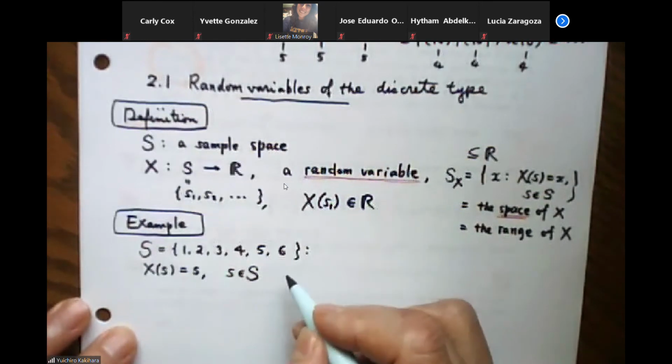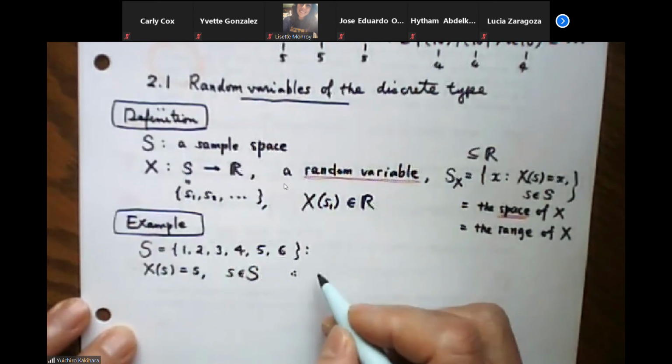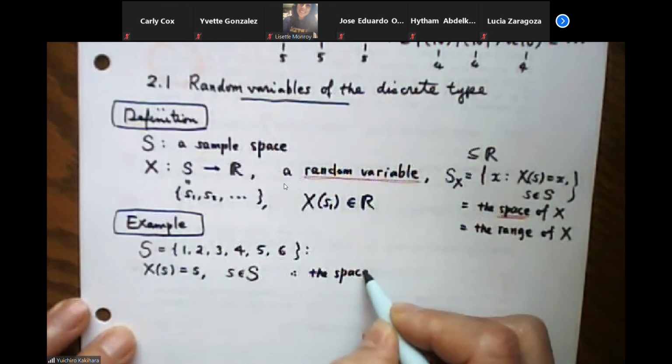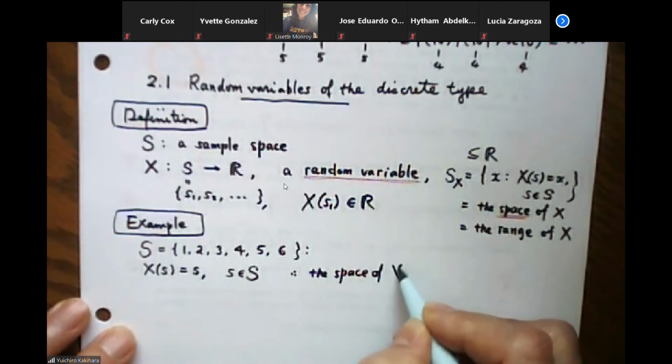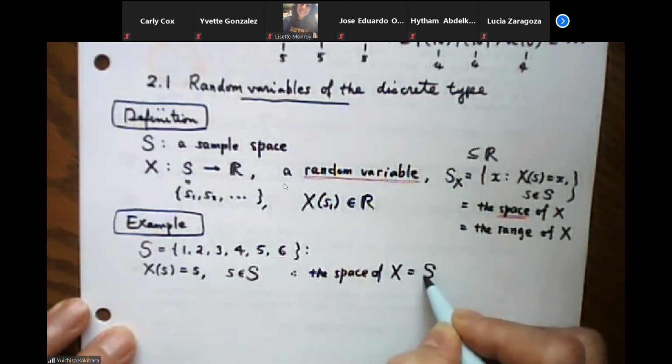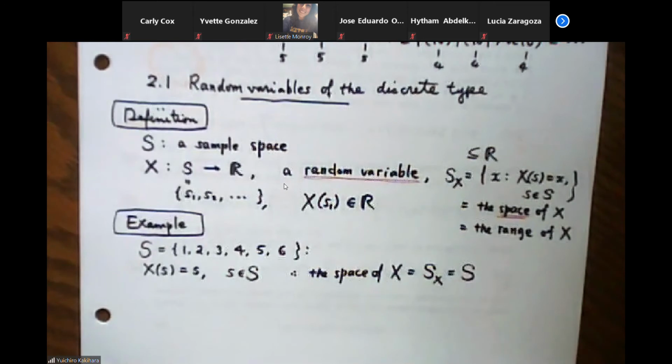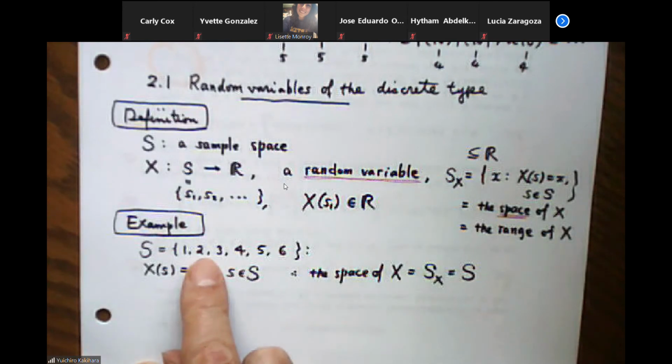So necessarily the space of X, denoted by S sub X, is the same as the sample space.